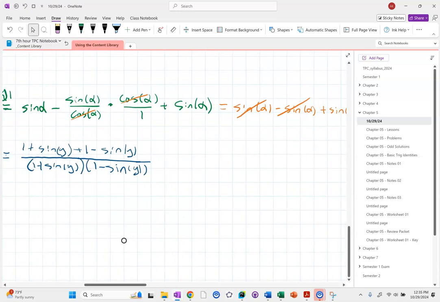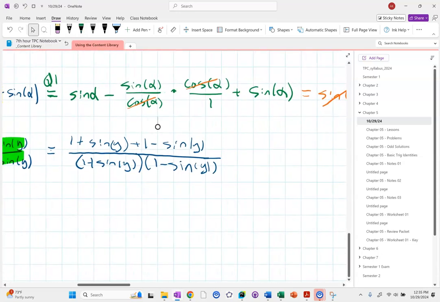What can we do with this nasty looking fraction here? Algebra identity. I think that's a great option because the identity doesn't seem like there's a good one to use here. Great. What algebra thing can we do?